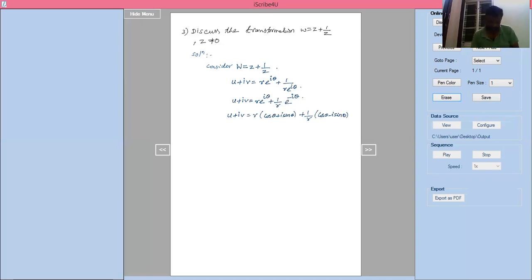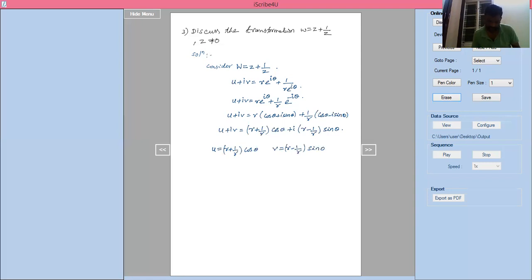Now if I take r outside, u plus iv equals r plus 1 by r into cos theta plus i into r minus 1 by r into sin theta. Now u equal to r plus 1 by r into cos theta, v equal to r minus 1 by r into sin theta.